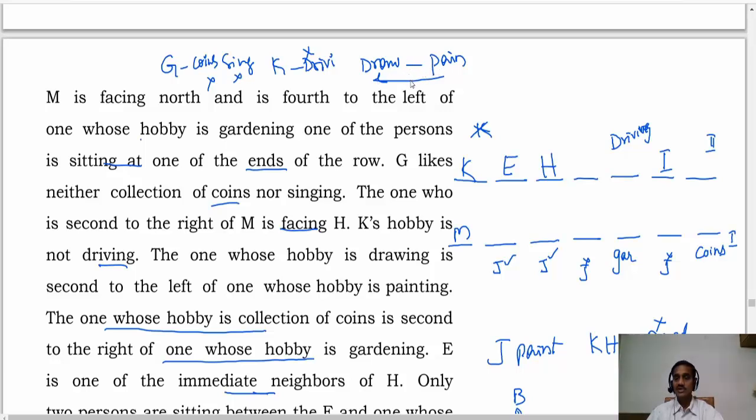Drawing is seated second to the left of painting. Now L is either drawing or painting.